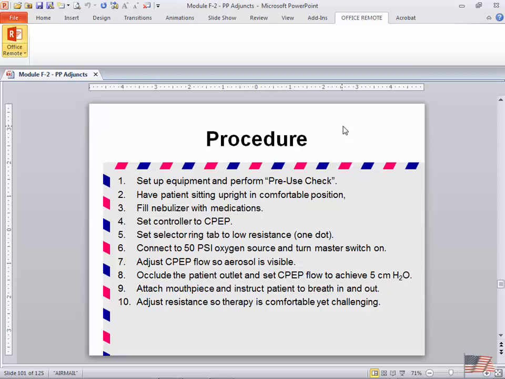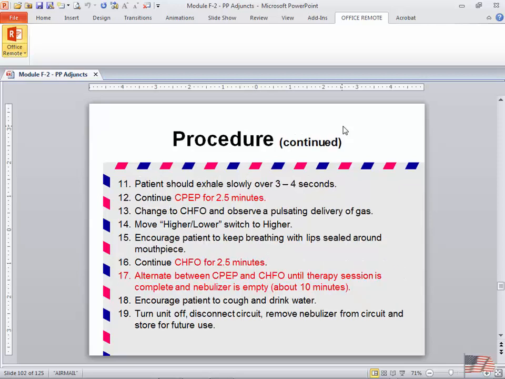And again, this same kind of a setup that you would end up using. We initially were going to have to set it to CPAP, and then where we get some resistance to airflow, and then have the patient breathe in and out.